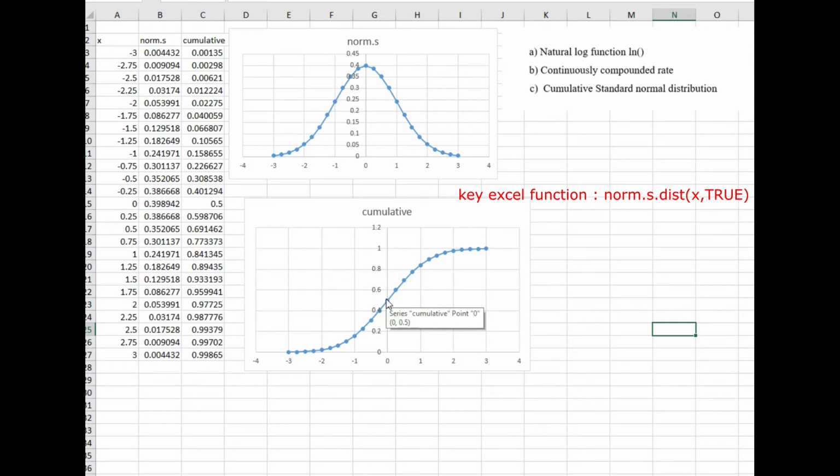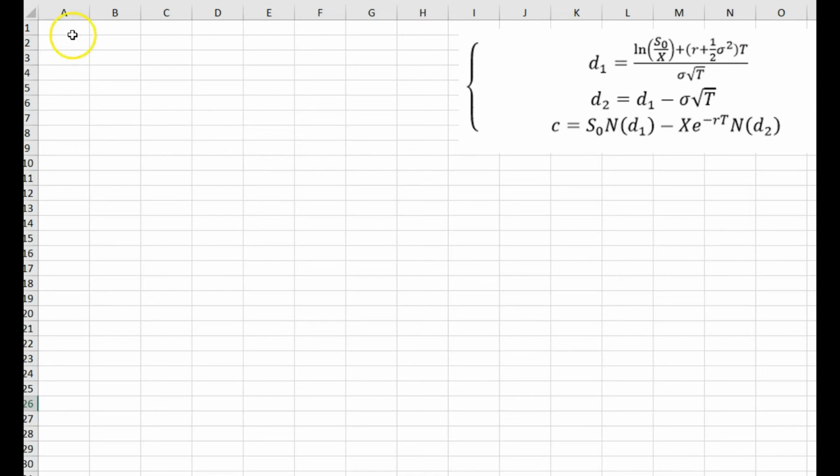For the Black-Scholes-Merton option model, we use the cumulative standard normal distribution. So let's set S0, and assume it's $40. The exercise price is 42.